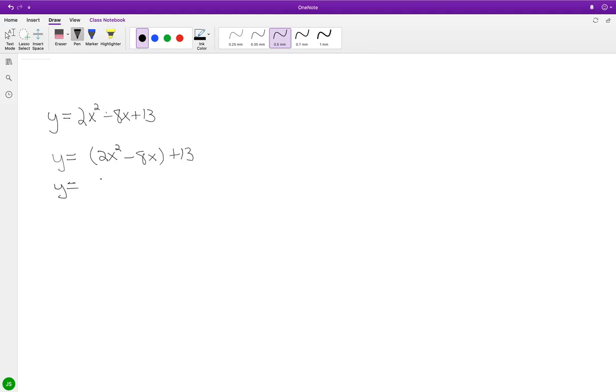And I want the first term in the parentheses to be x squared, so if I factor out 2, we have 2 times quantity of x squared minus 4x, followed by the addition of 13.